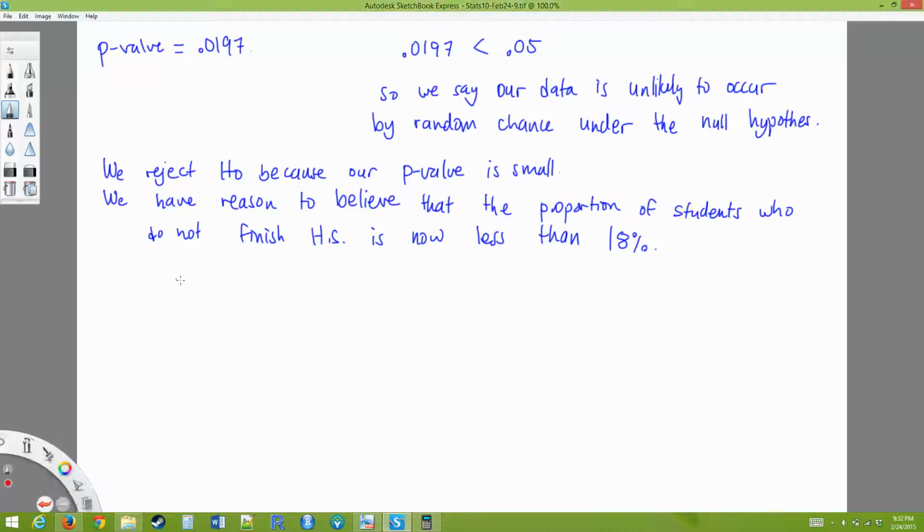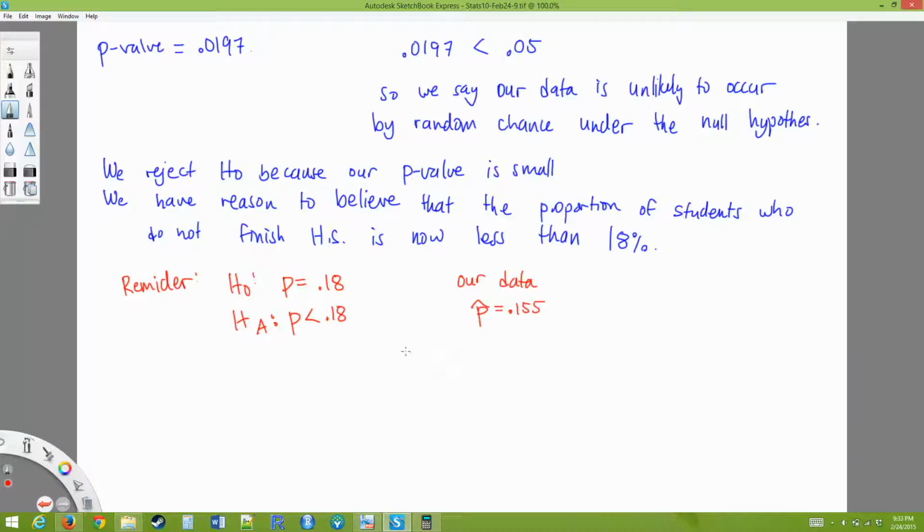Okay, so again, just a reminder, the null hypothesis said that p is equal to 0.18. The alternative was that p is less than 0.18. Our data was p hat is equal to 0.155.